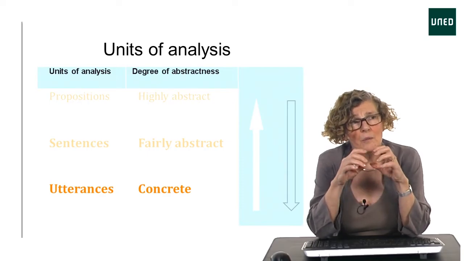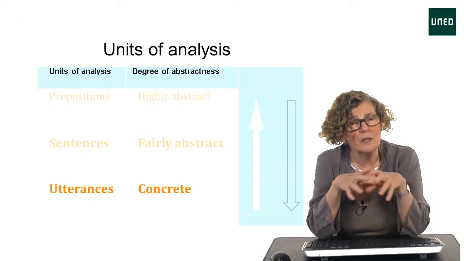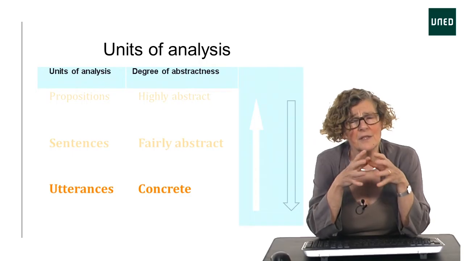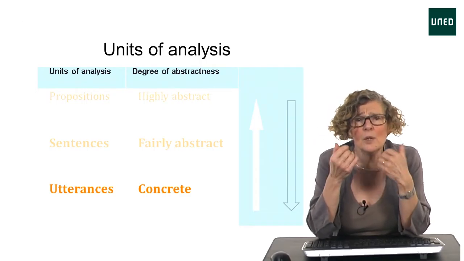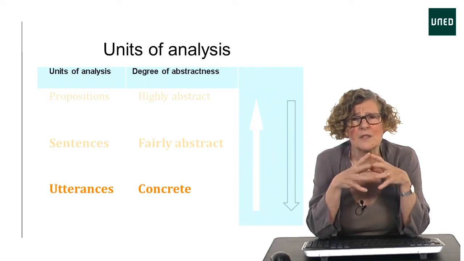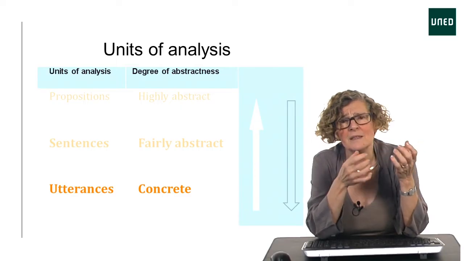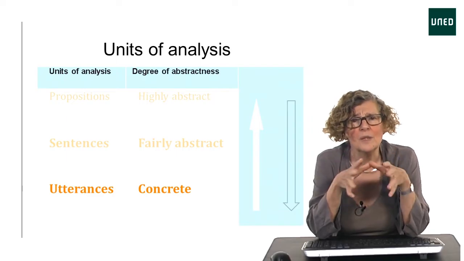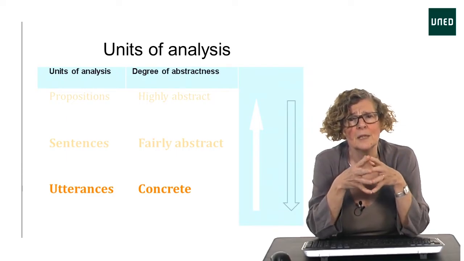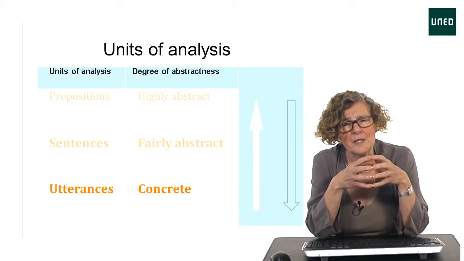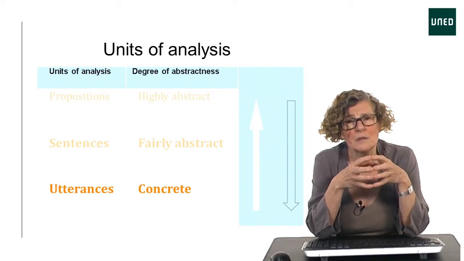Sentences are what is left if we disregard the phonetic side of utterances and we concentrate on syntax. But they are still fairly abstract. If we go up from utterances to sentences, then we shake out aspects such as those related to different types of sentences, speech acts, and we only focus on the number and type and syntactic roles of participants and on the kind of relation, usually verbs, that links them.